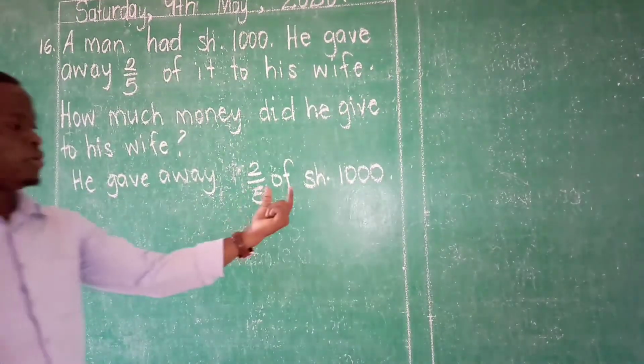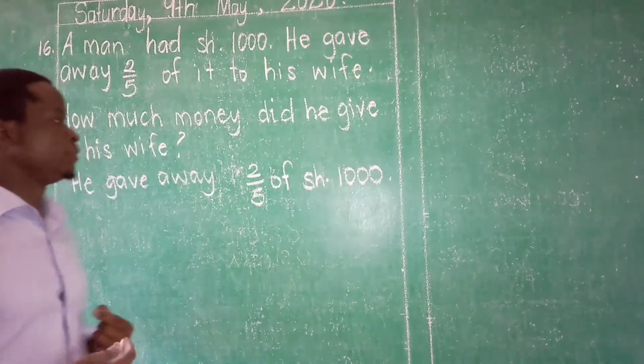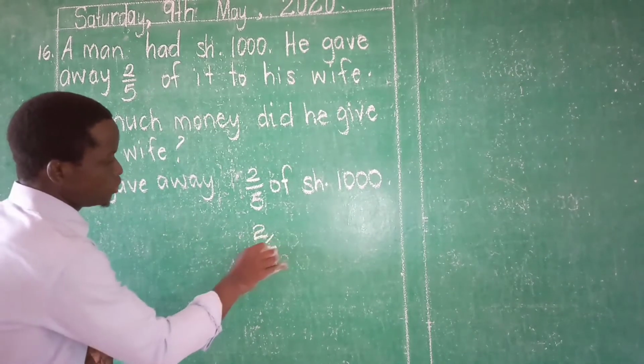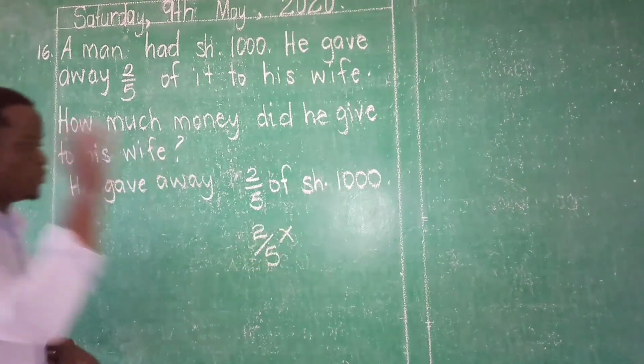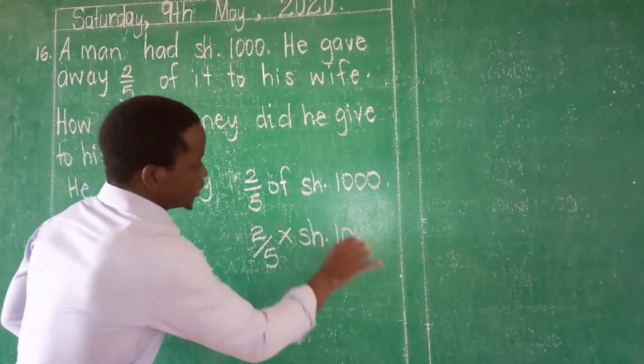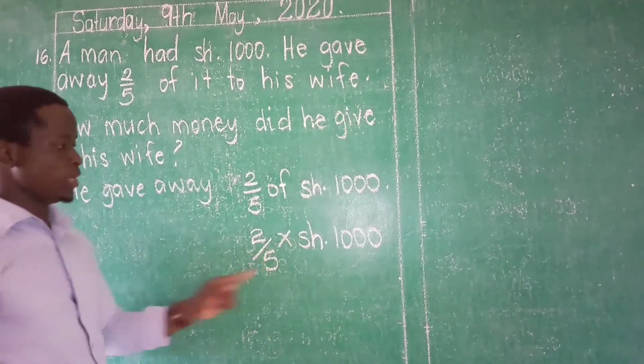Now you know in maths, remember that "of" changes to multiplication. So here we shall have 2 out of 5 times 1,000 shillings. And we can divide here 1,000 by 5.